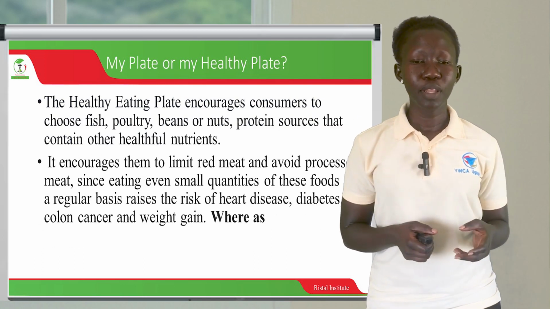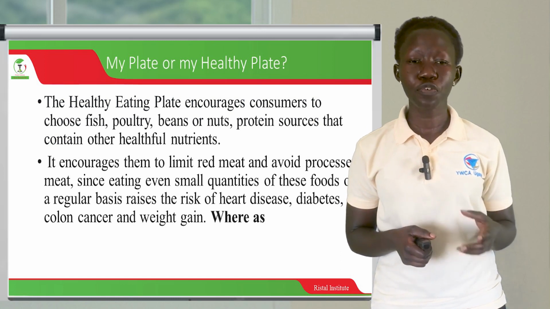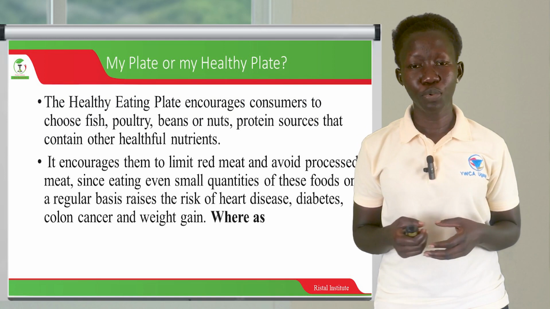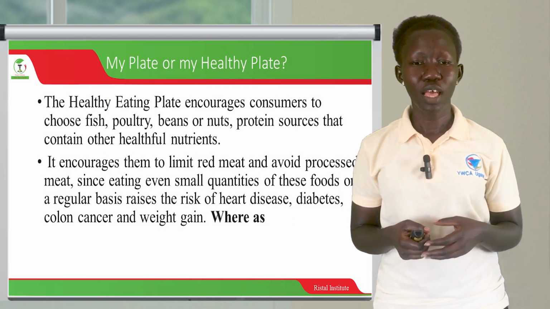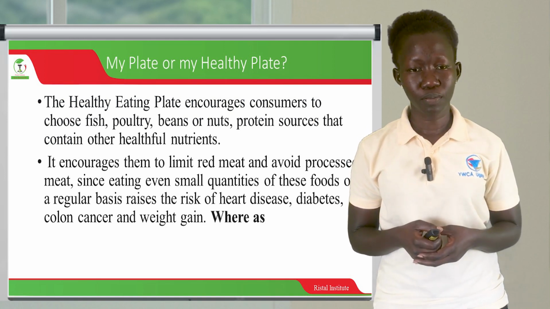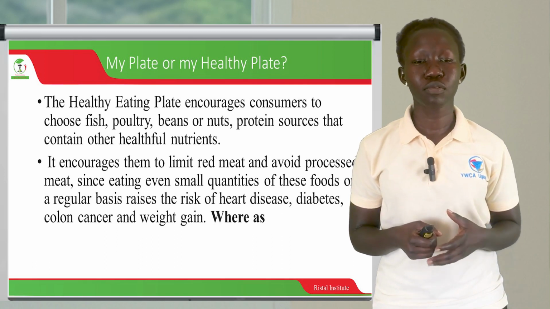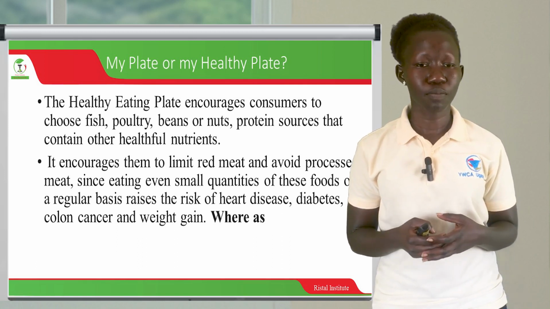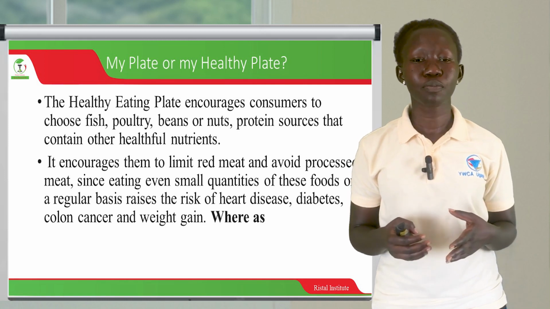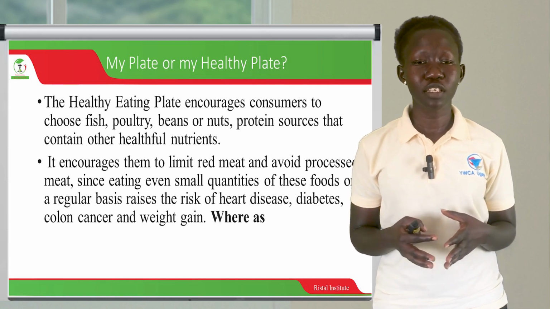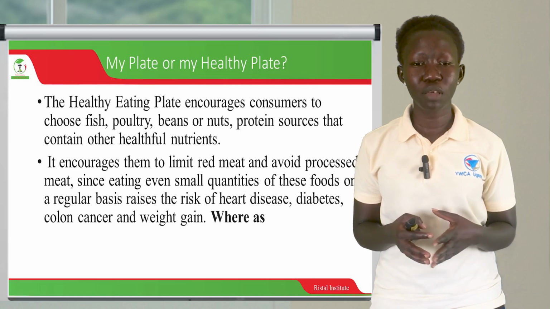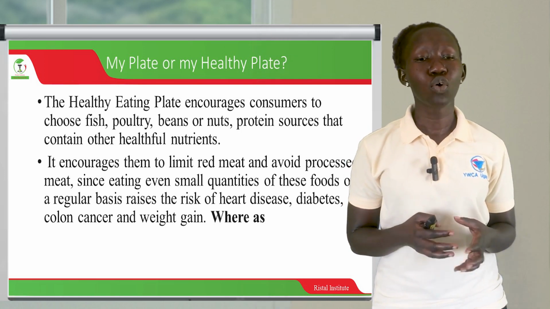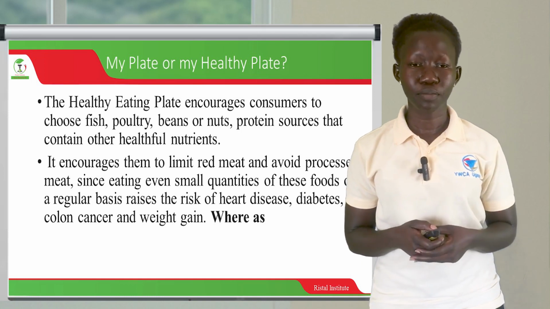The healthy eating plate also encourages consumers to choose fish, poultry, beans or nuts, protein sources that contain other healthful nutrients, and also encourages individuals to limit red meat and avoid processed meats. This is because even if you consume meat in small quantities on a regular basis, it will raise the risk of heart disease, diabetes, colon cancer, and weight gain.